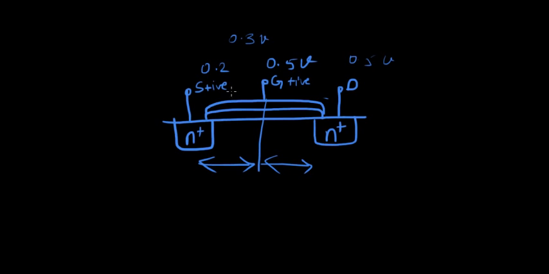So the positivity of the voltage above the channel is 0.3 volts for the left part of it and 0.5 volts for the right part of it. So what happens if the positivity is lesser on one side? The less positivity is going to repel holes that much lesser, right? So you will have more hole dominance in a place that is less positive. Understand? Because they don't repel as effectively as 0.5 volts will.